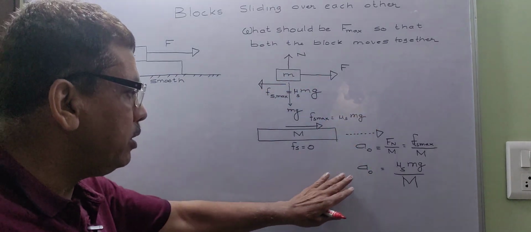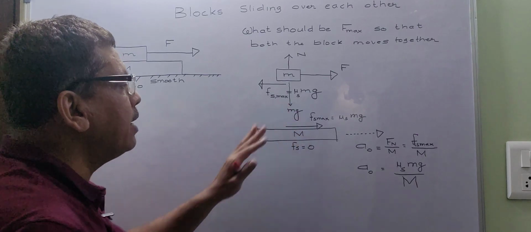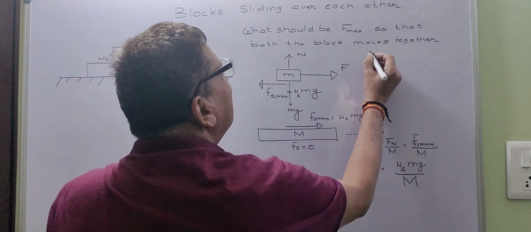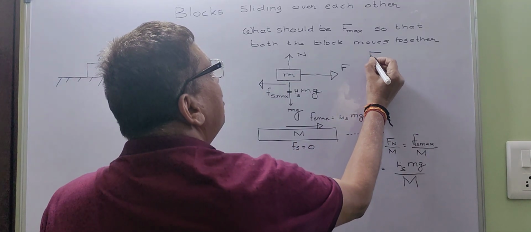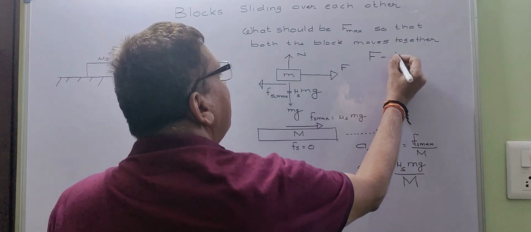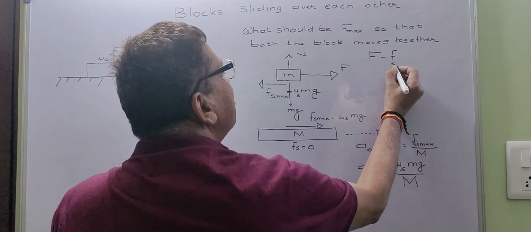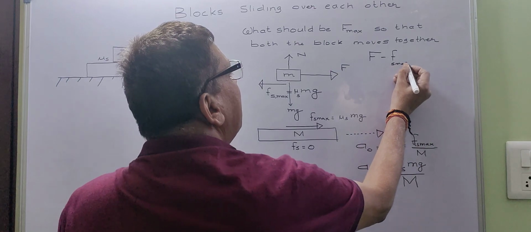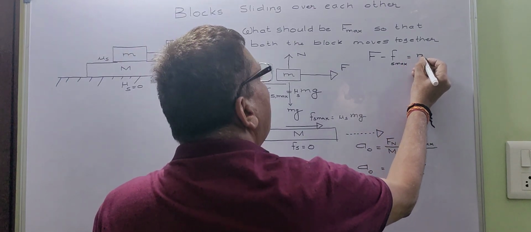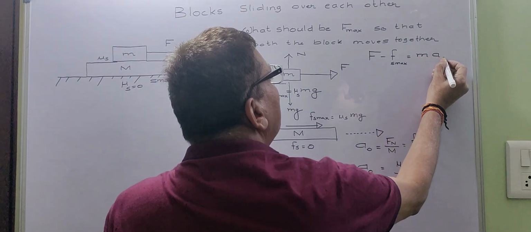Right? Now when this acceleration is produced, for the upper block, the net force acting in rightward direction is F minus Fs max, and that will be equal to mass times acceleration of the object.